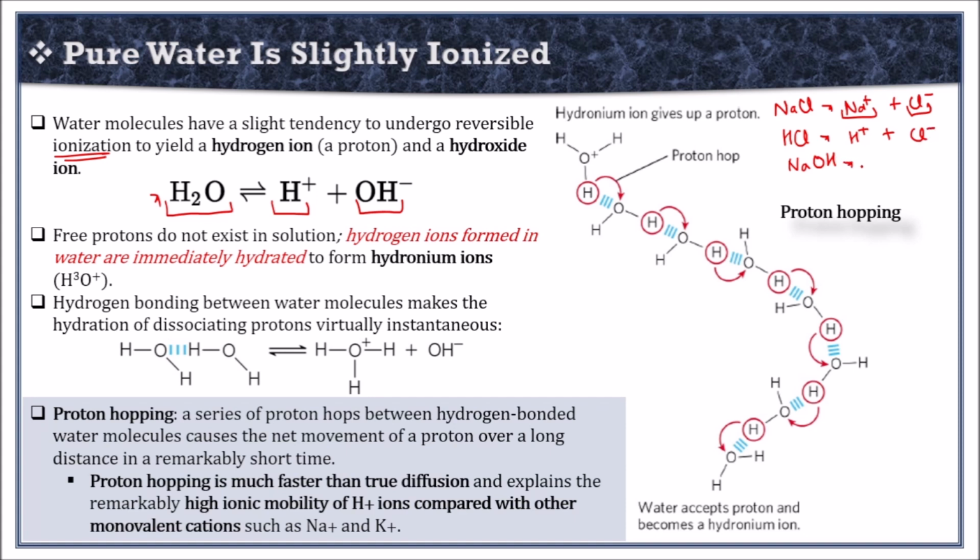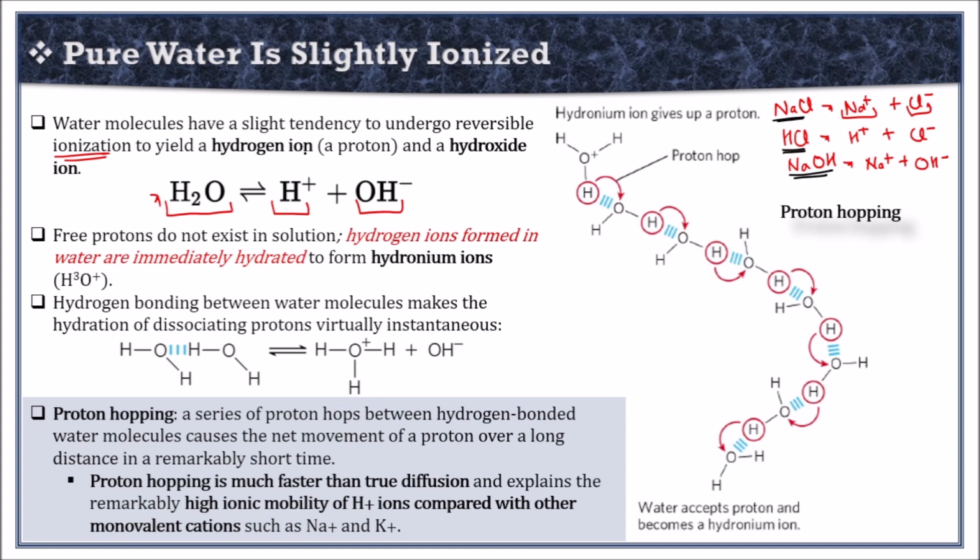Okay, and in bases it is one metal ion plus a hydroxide ion. So that is the difference between salt, acid, and bases. Now you can clearly understand that for a salt we must have a metal and a non-metal, for acid we must have a proton to donate, and for base we must have a hydroxide ion to donate.